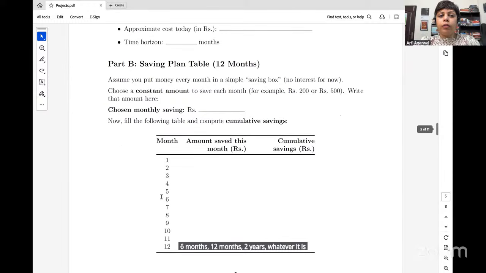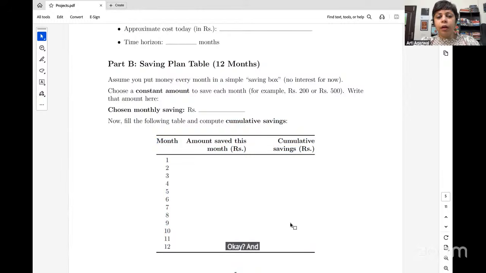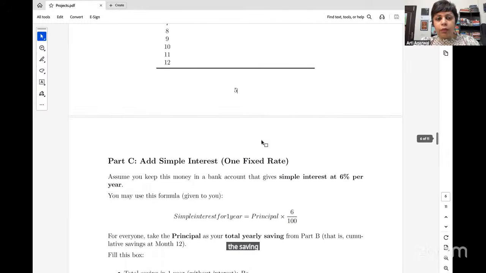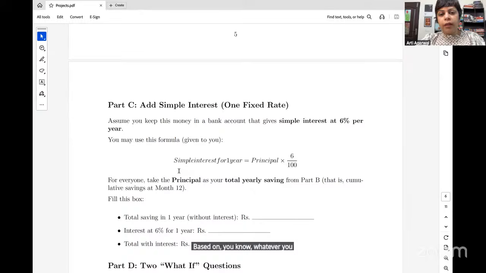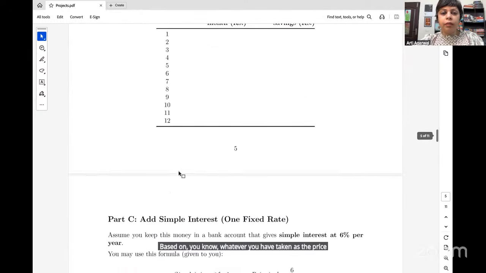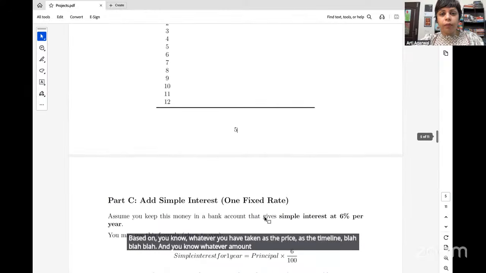And then you have to come up with a savings plan. You will explain here how much the savings are going to be based on whatever you have taken as the price, as the timeline, and whatever amount you want to save.